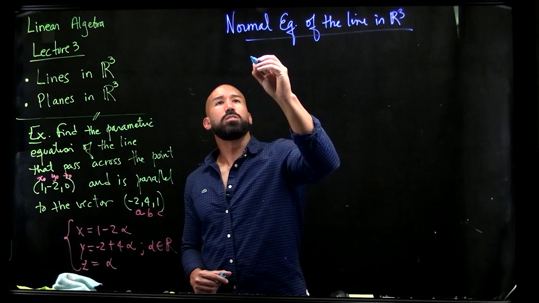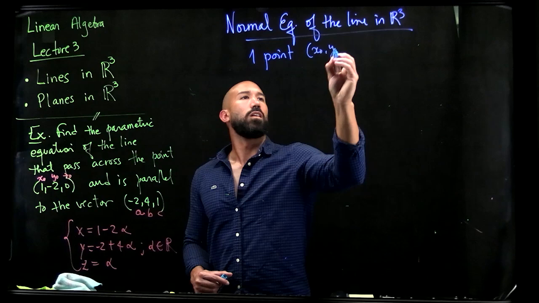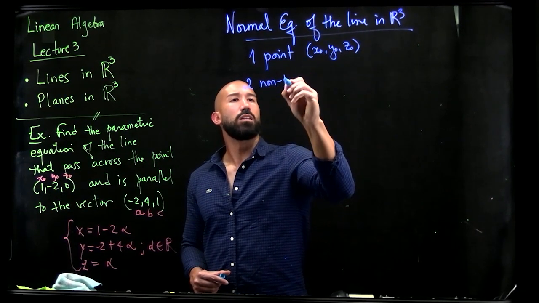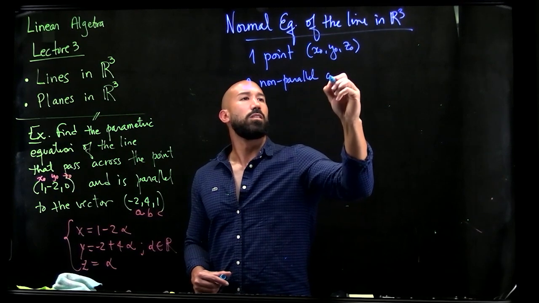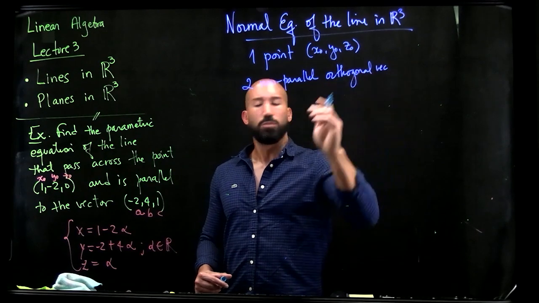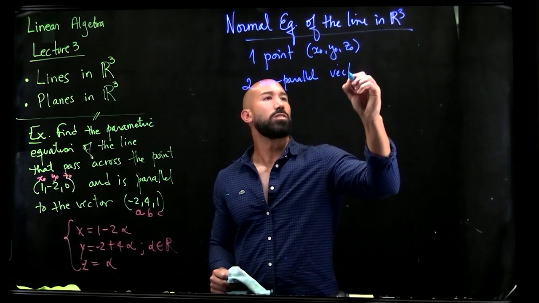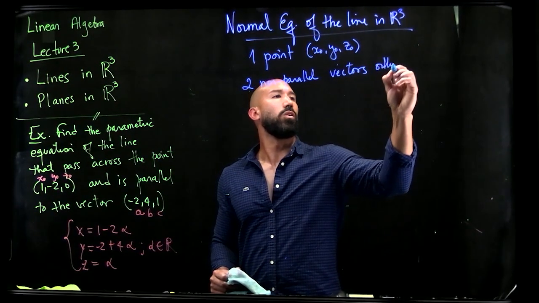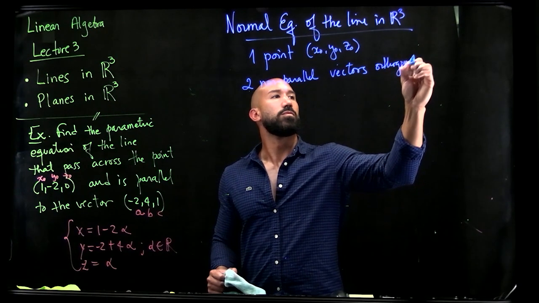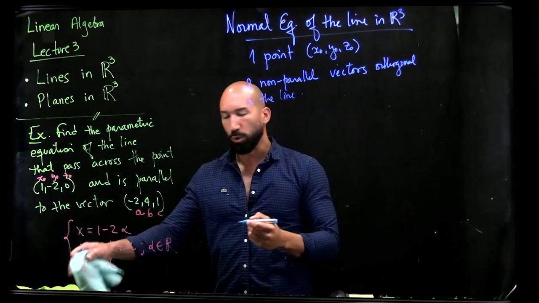So one point and two non-parallel vectors orthogonal to a line. Let me put it this way. Each of them is orthogonal to the line.